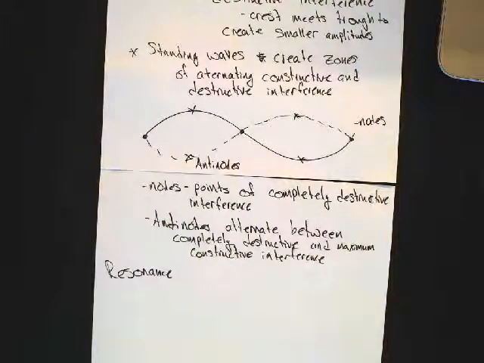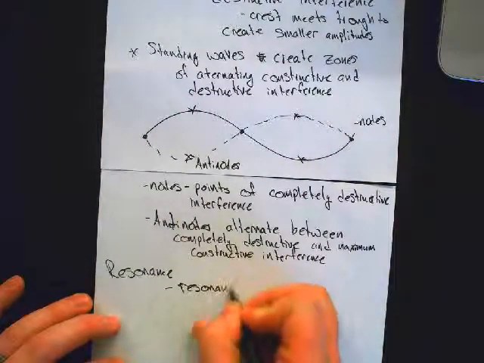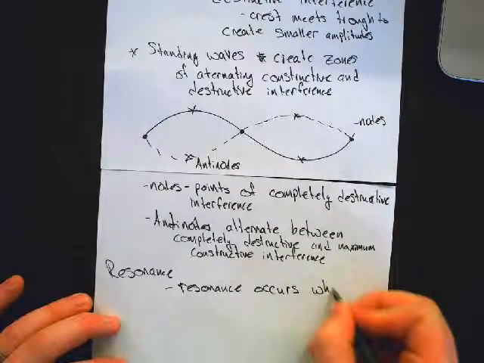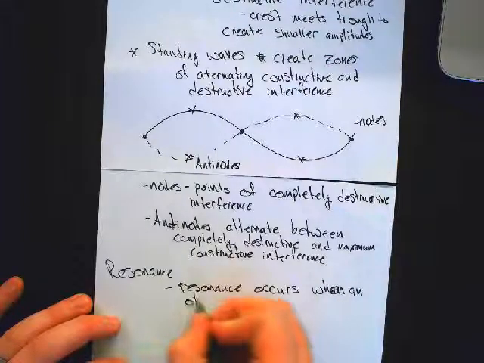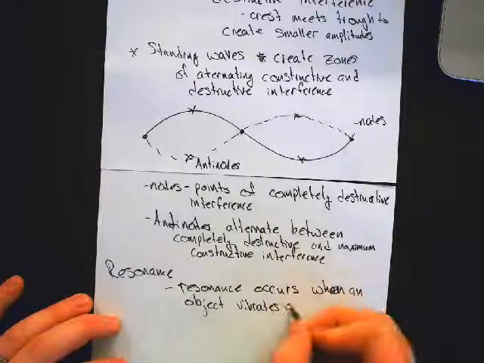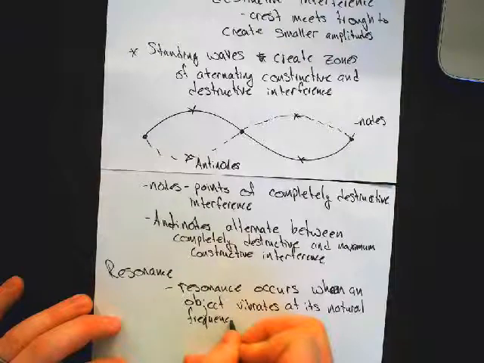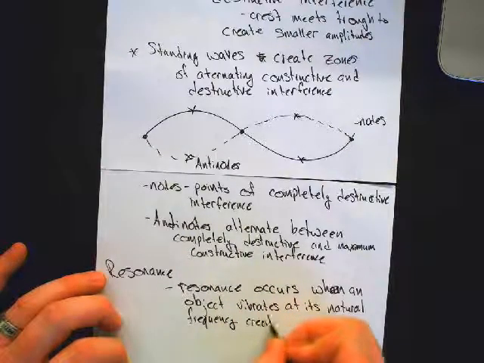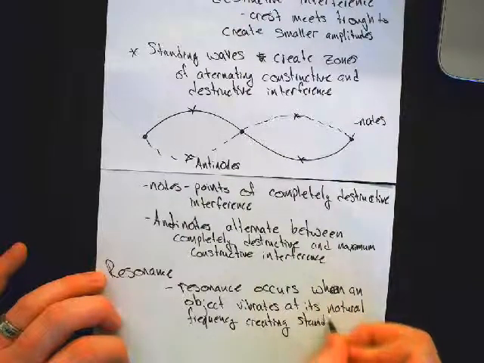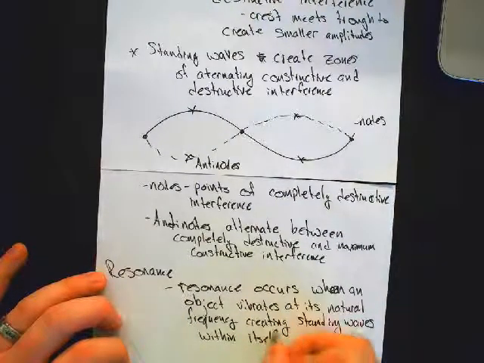Resonance occurs when an object begins vibrating at its natural frequency, creating standing waves within itself that basically continue to build up amplitude.